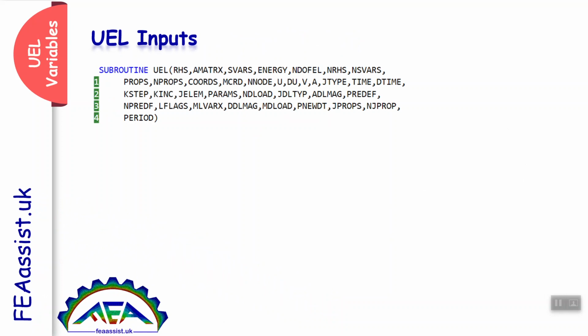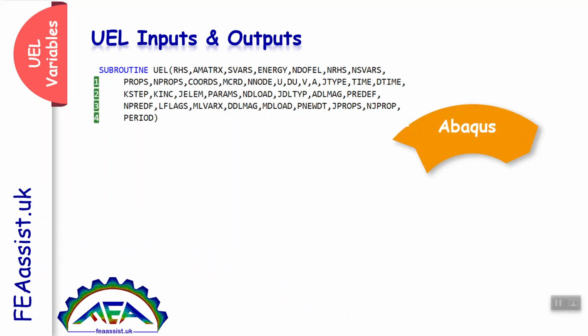UEL variables. UEL has some variables. Some of them are inputs. We need to get those inputs, process them, and export them as outputs to Abaqus. In other words, Abaqus computes some variables, which are the displacement of the points, the derivative of displacement of the points, the velocity of the points, coordinates and position of the points, and these variables.